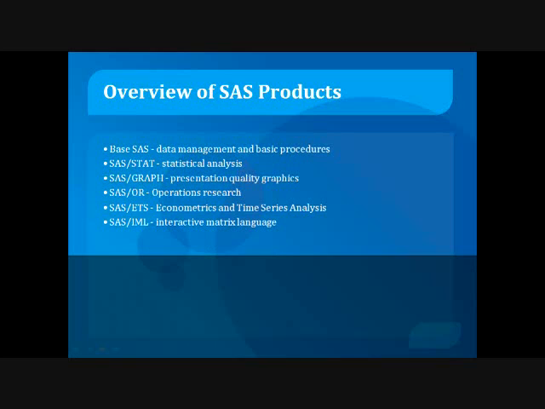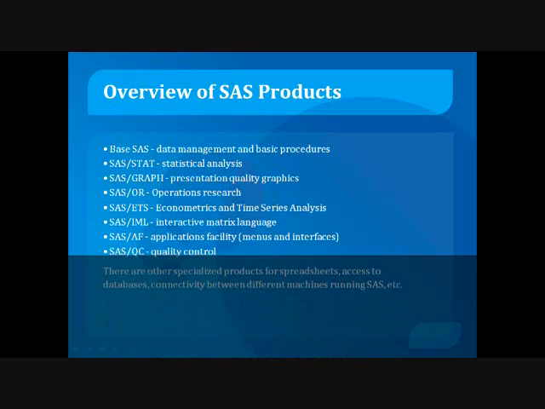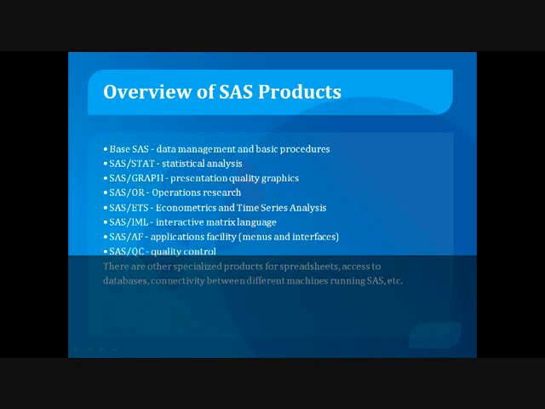SAS/IML, interactive matrix language. SAS/AF, application facility, menus and interfaces. SAS/QC, quality control. There are other specialized products for spreadsheets, access to databases, and connectivity between different machines running SAS.